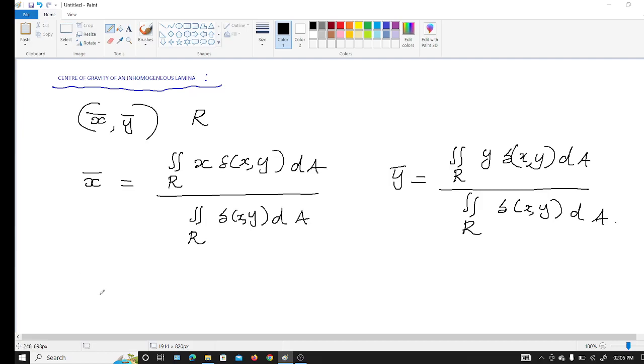Now, here we can denote the numerator of x bar as My and the denominator by capital M. And here My equals double integral over R x into delta xy dA.